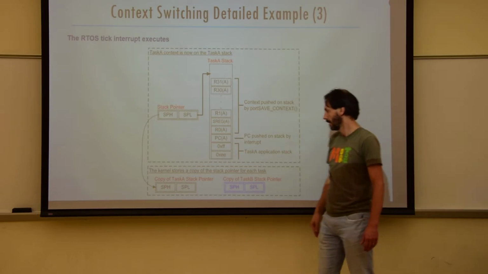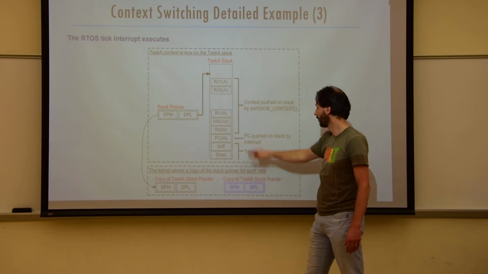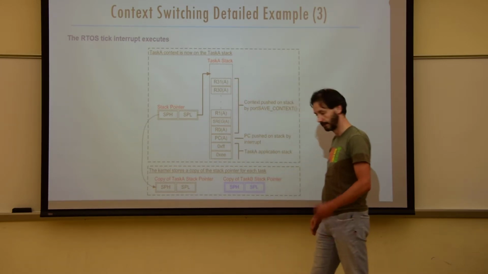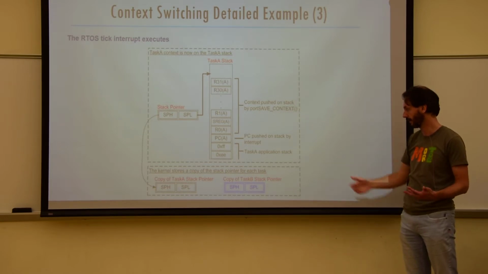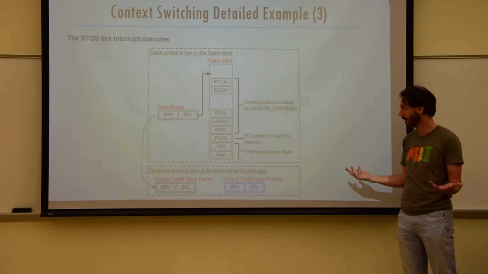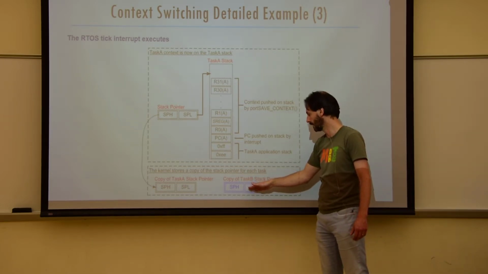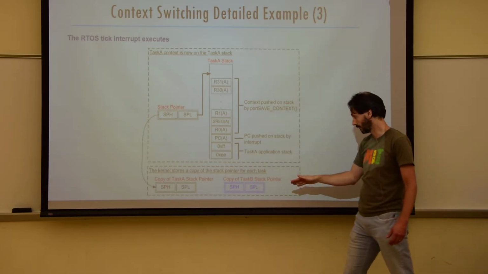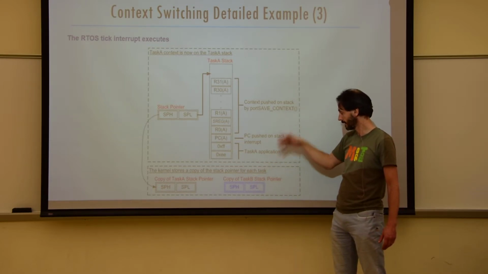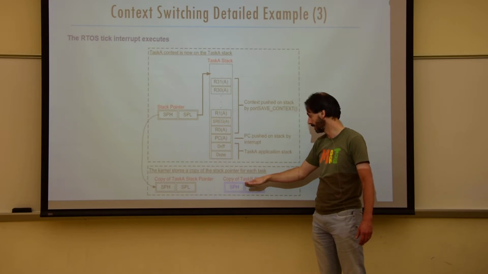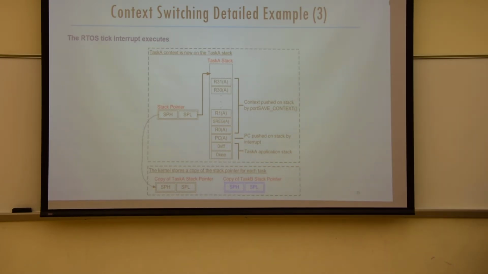Now, the kernel is going to store a copy of the stack pointer for each stack, so it knows where to find the context for each task, task A and task B here. If you're going to switch to task B, it will look at this table, find task B's context on the stack, and go from there. So let's see.